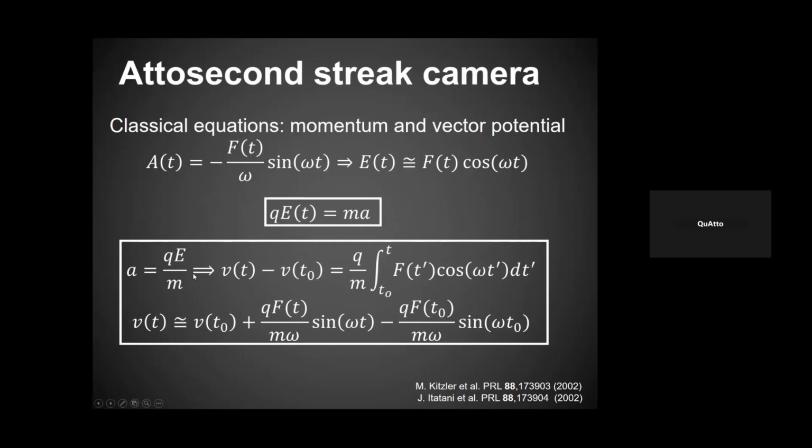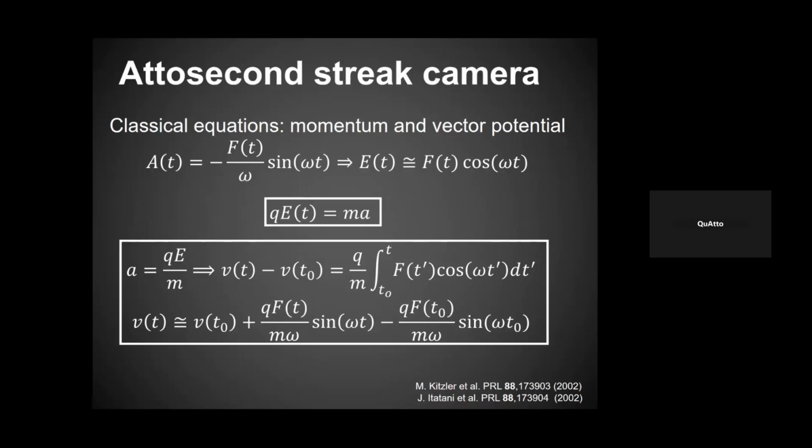So the physical process that we are considering here is our atom, which is irradiated with what we think is an isolated attosecond pulse, and at the same time, we irradiate the same atom with a replica of the infrared field which has created this isolated attosecond pulse. The atom will be ionized by single photon absorption.